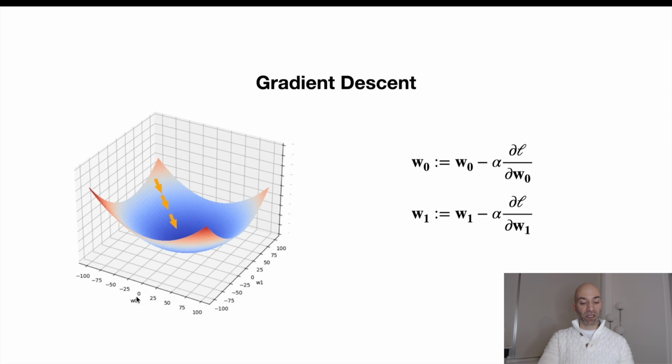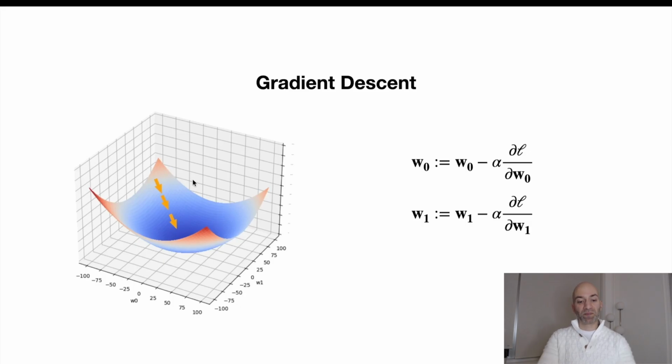Here we see them as W0 and W1. The loss itself is represented as this surface in this parameter space. The idea here is that we want to figure out how these model parameters should be set such that we arrive at the lowest possible value for our loss.